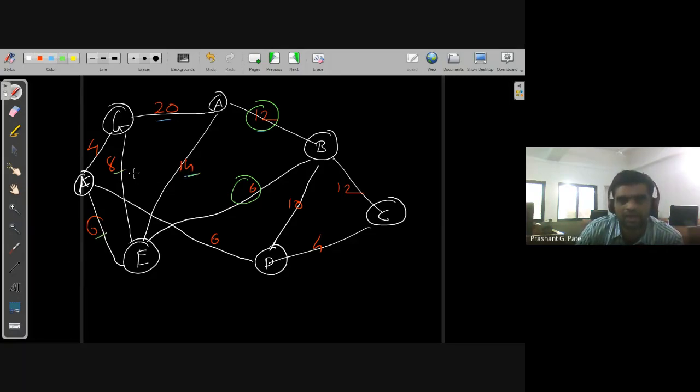These are the 3 edges incident to E, except this BE edge. So the 6 is the minimum one, so that you can pick.